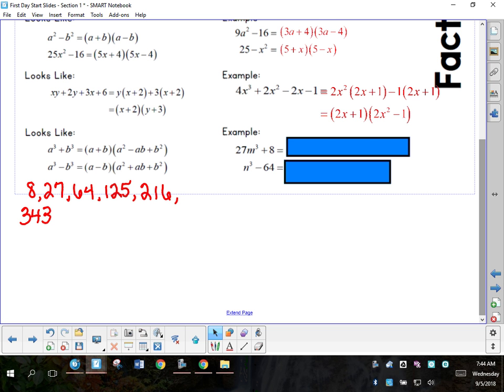You've got a sum of perfect cubes. What is the cube root of 27n to the third, or what times itself 3 times gives me 27n to the third? Hands up if we can answer that. Close. 3n. Now, when I do these out, I'll put a small 3n up above.